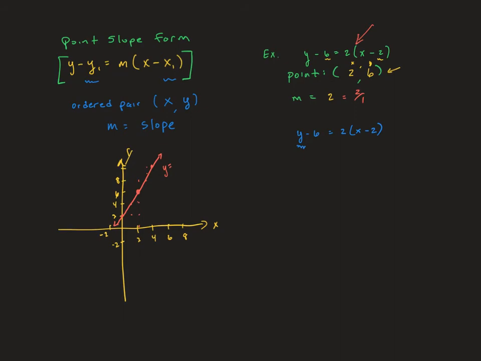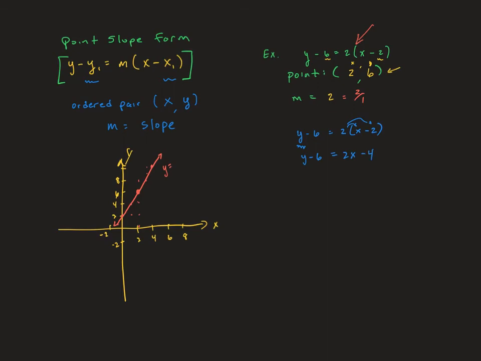So let's do my order of operations. I have parentheses, but there's nothing I can do inside there right now. I have no exponents, but I have multiplication. So first I need to do my multiplication. I'm going to distribute that 2 to both things inside, and I'm going to have 2x minus 4.